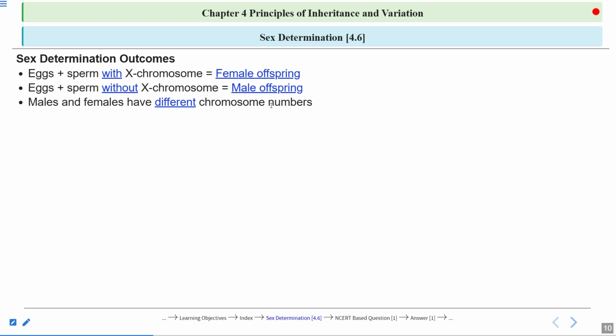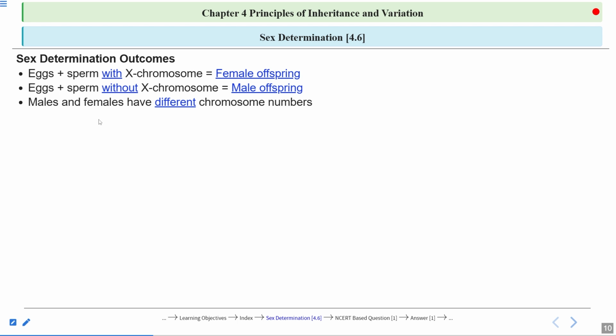Now one thing to remember here is that males and females have different chromosome numbers. Males have one chromosome less as compared to the female, because males have X0, they have one less X chromosome. So the number of chromosomes in females is more as compared to males.